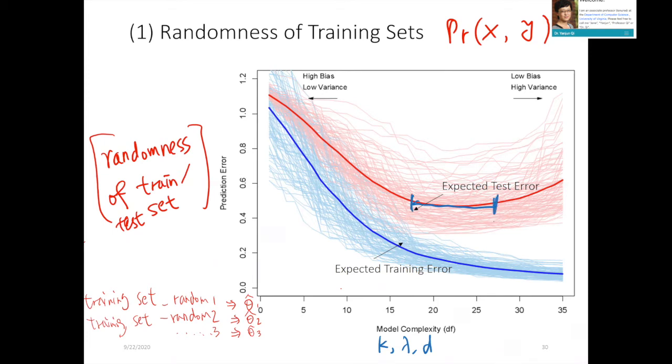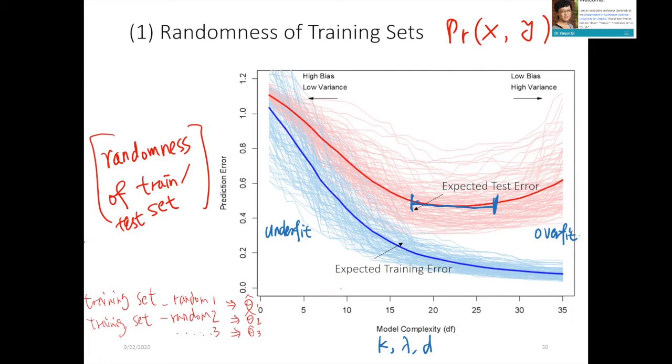The left is underfitting, and the right is overfitting. The right is mostly caused by the variance error, and the left is mostly caused by the bias error.